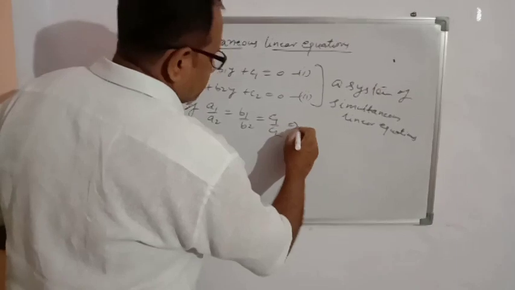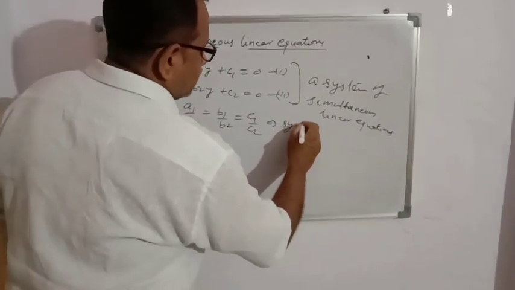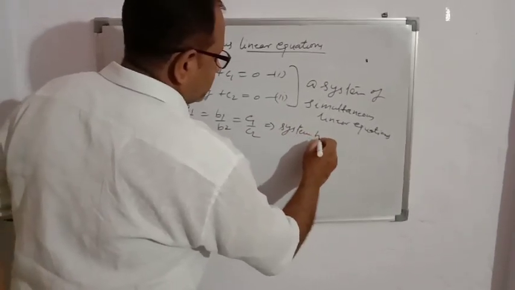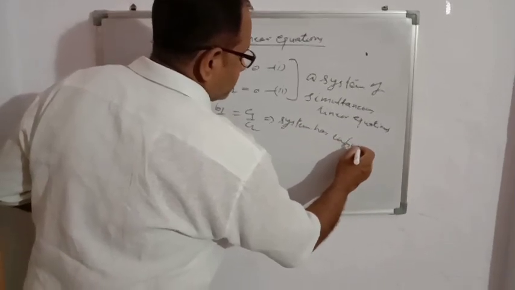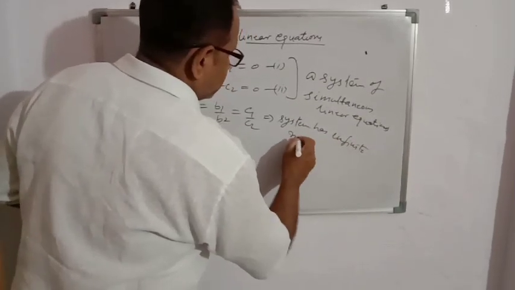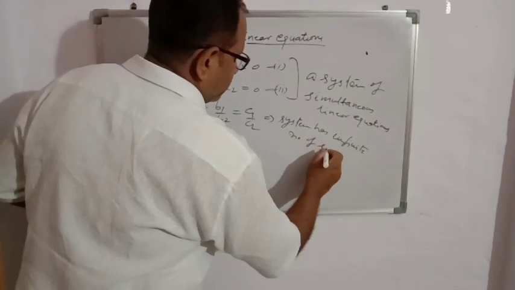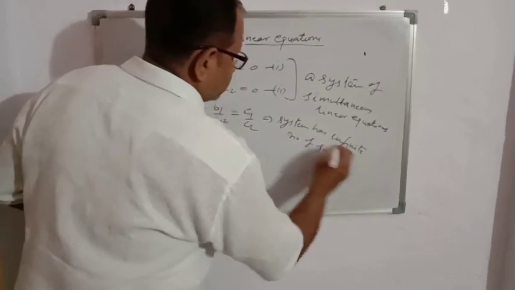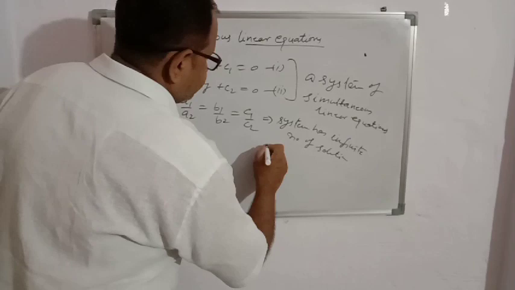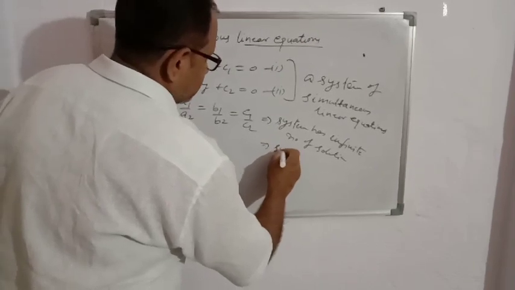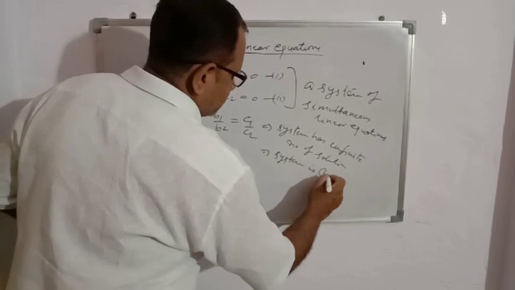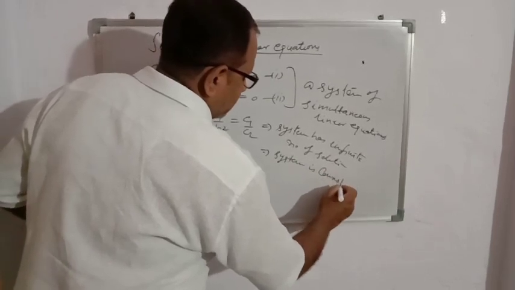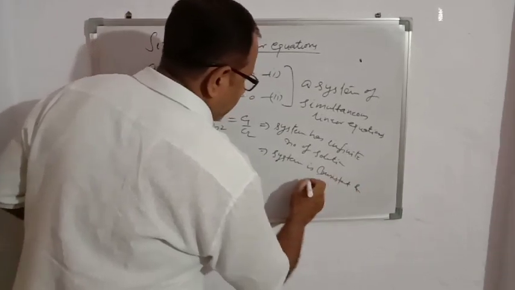In this case, the system has an infinite number of solutions, and it is said the system is consistent and dependent.